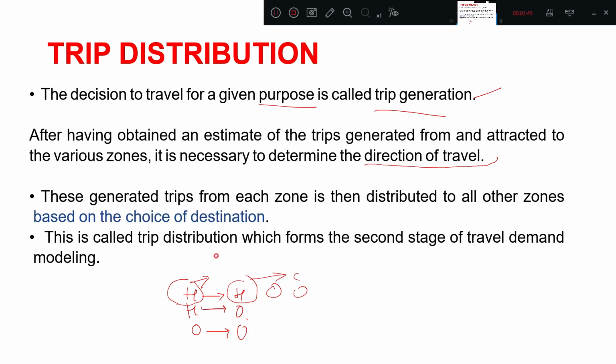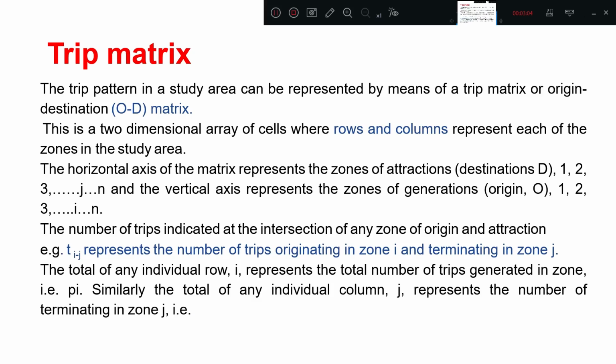How is this distribution going to take place and how is that going to affect the travel pattern? In travel demand modeling, it is going to help us, right? So for that purpose this trip distribution study is very important.